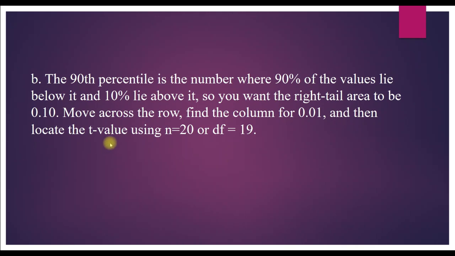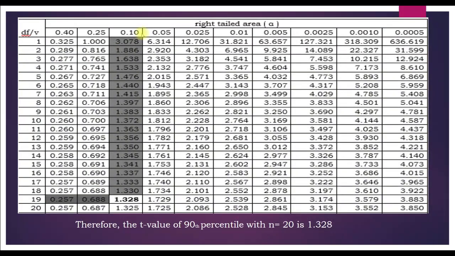And then locate the t-value using n is equal to 20 or the degree of freedom is 19. So 19 sa degree of freedom and then 0.10 naman dito sa area. So find the intersection, 1.328. So therefore the t-value of 90th percentile with n is equal to 20 is 1.328. So that's all.